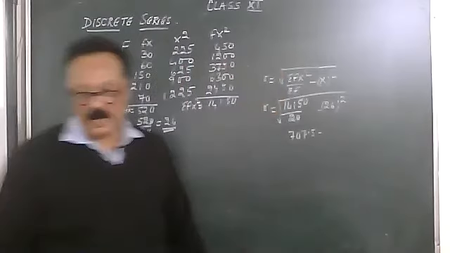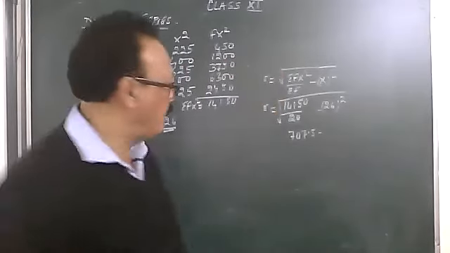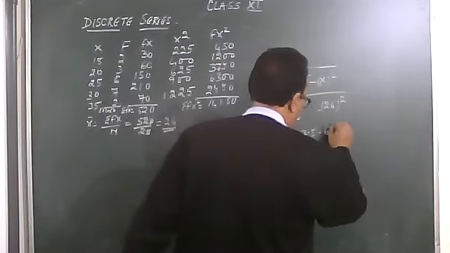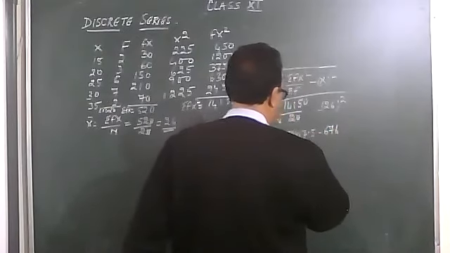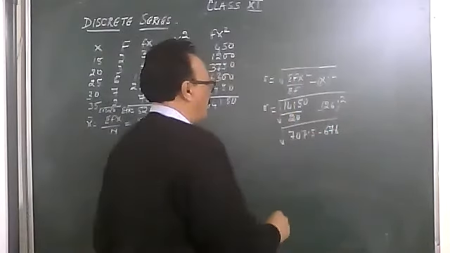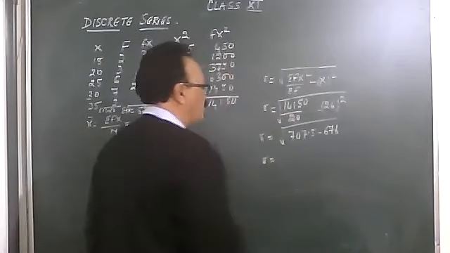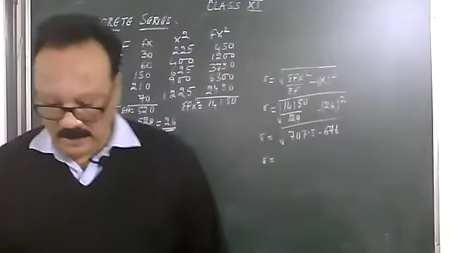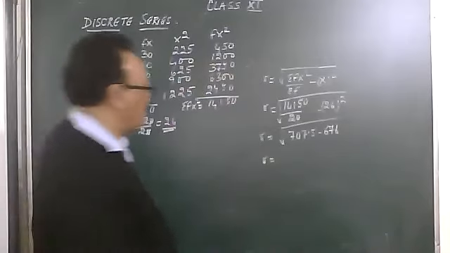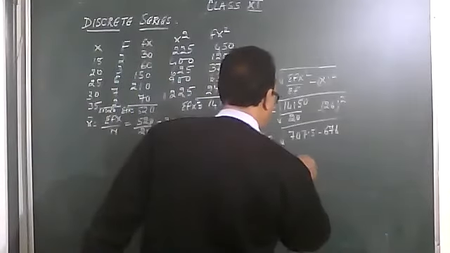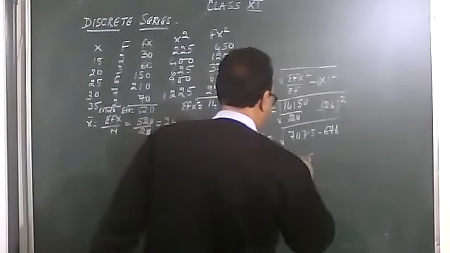How much was that we calculated? It was 676. So standard deviation is equal to 707 minus 677 is 31.5 under root.